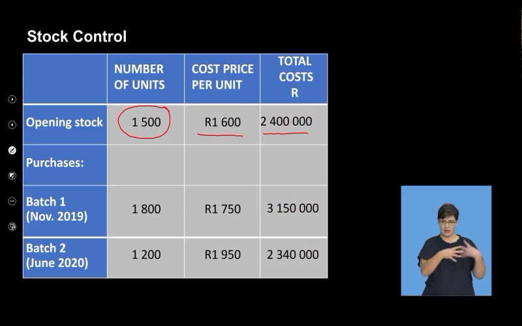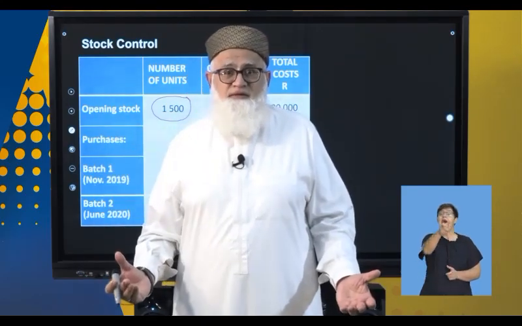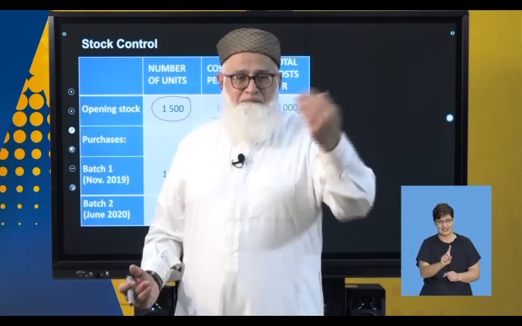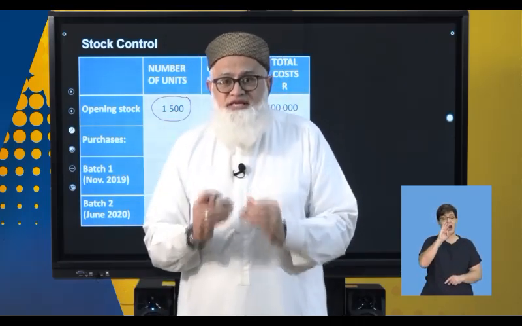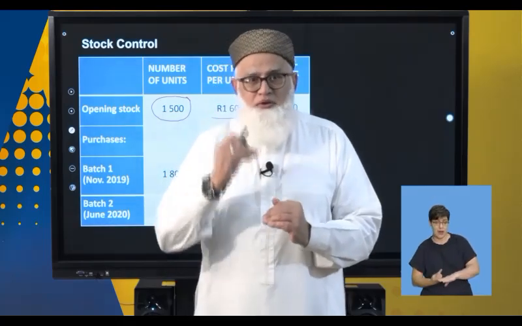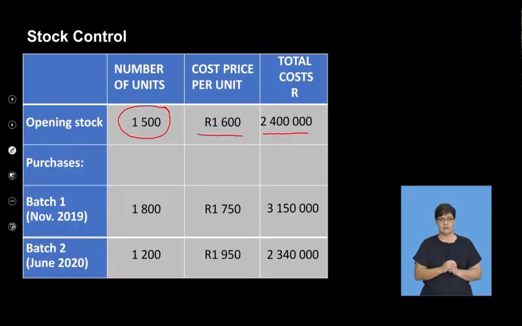What's the secret for FIFO? At this stage, you should be shouting out this answer. Bottom up. I repeat, FIFO, the secret is bottom up. What do I mean by that? You come to the batch that you bought last. In that batch, you had 1,200 items purchased.